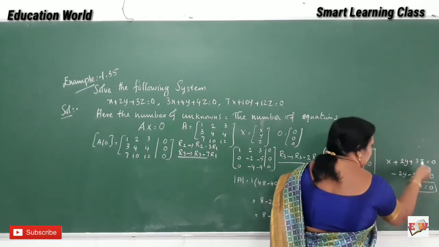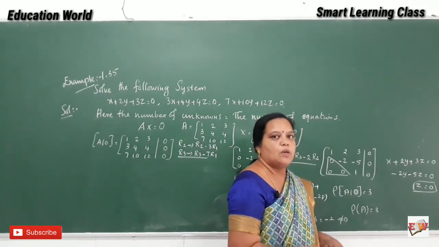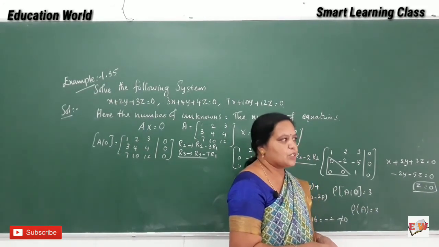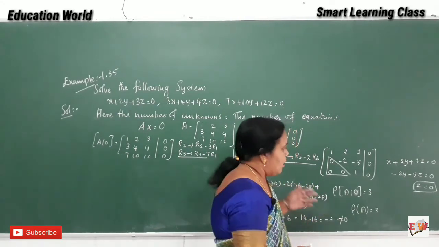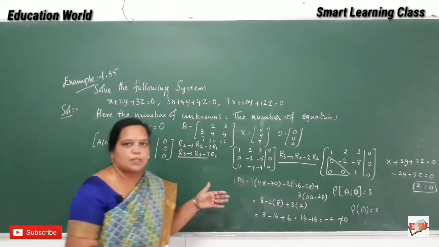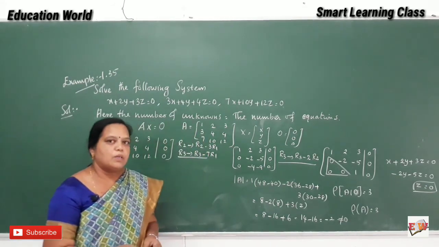Suppose y and z you substitute in the first equation, x is also 0, isn't it? So it is satisfied. X is equal to 0, y equal to 0 and z equal to 0. Okay, so the solution is a trivial solution: x is equal to 0, y equal to 0, z equal to 0.